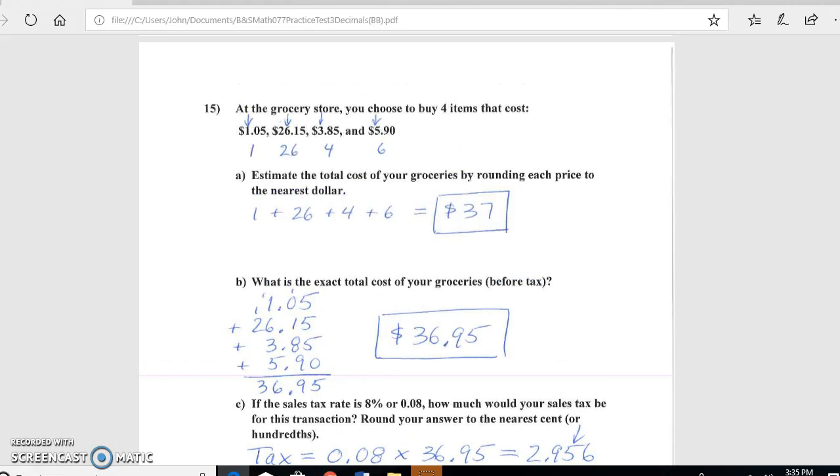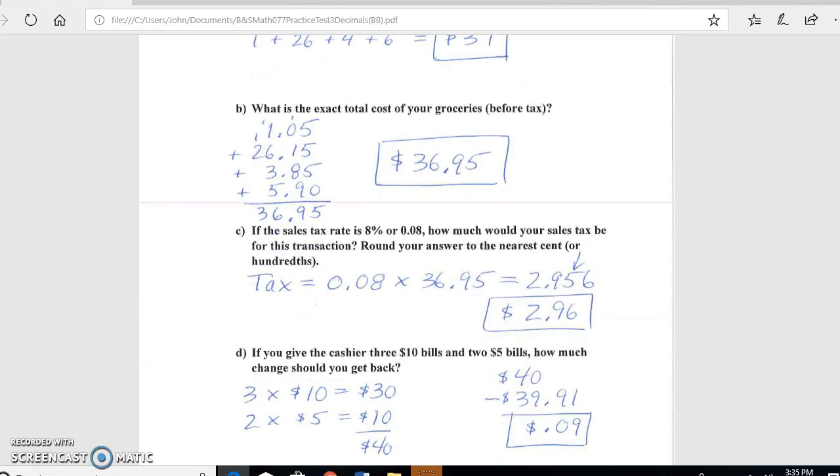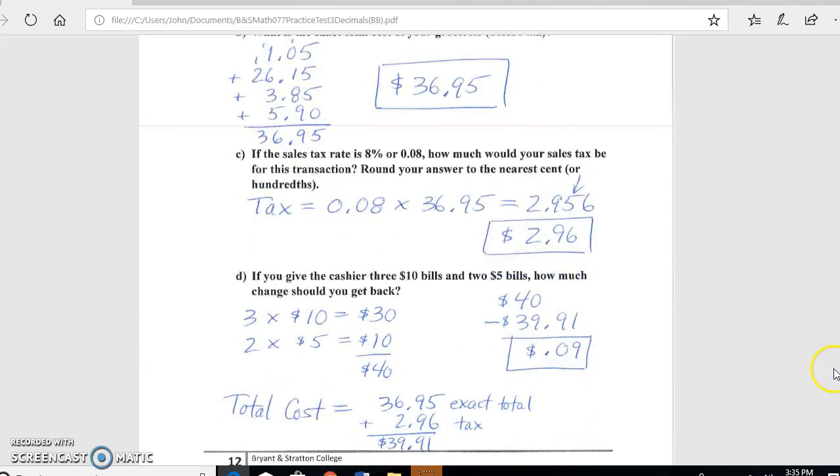And then on letter C, we are told if the sales tax is 8% or 0.08, how much would your sales tax be for this transaction? Round your answer to the nearest cent, or hundredths place.